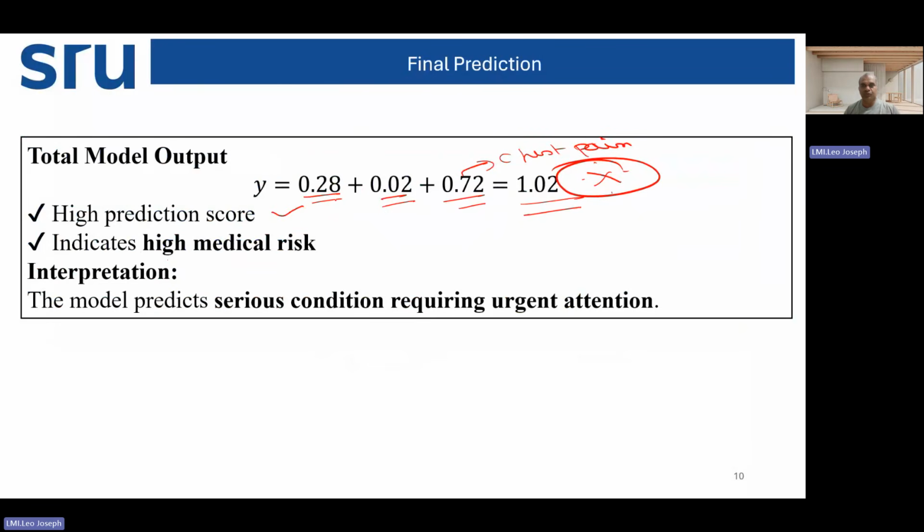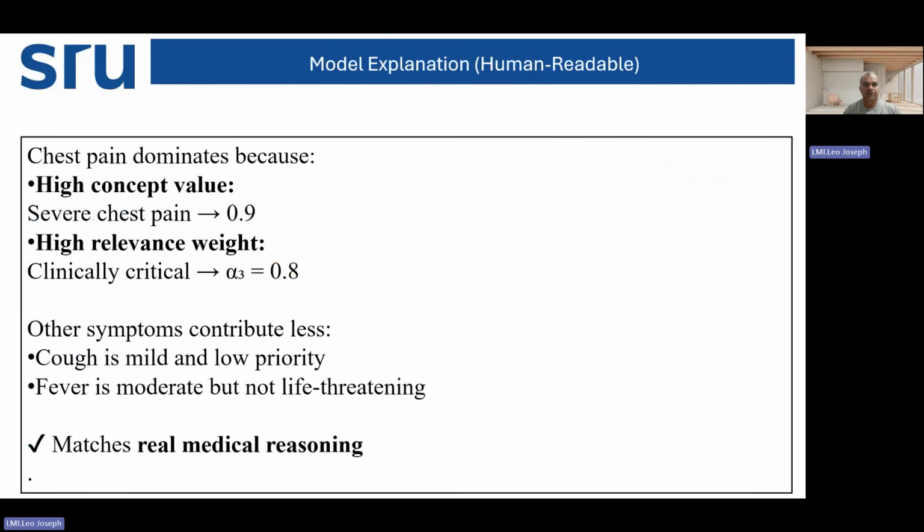Okay, so if you are getting 500 weights, apart from all the 500 weights, it is having the very highest score, and which is the most contributing factor, and that concept is associated to which thing, which concept, we are able to tell. Out of all these things, it is concentrating only on a particular parameter that has most weightage, more weightage. So the model predicts the serious condition requiring urgent attention. This is the thing what we are doing.